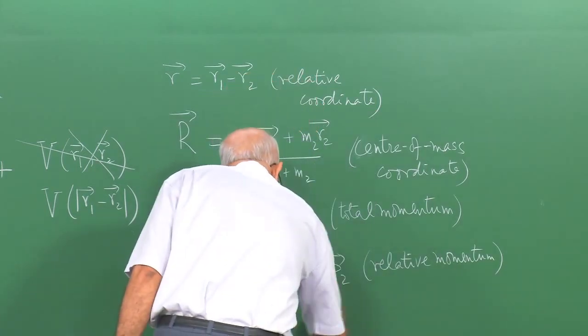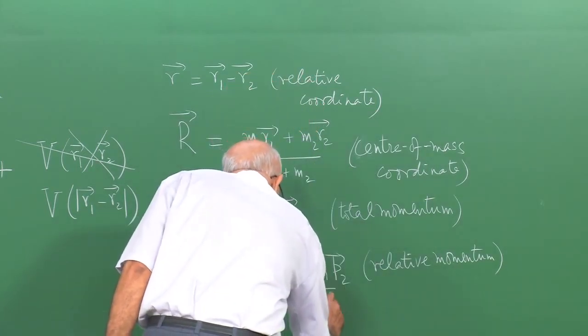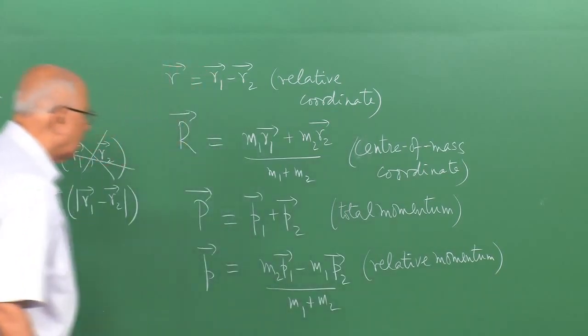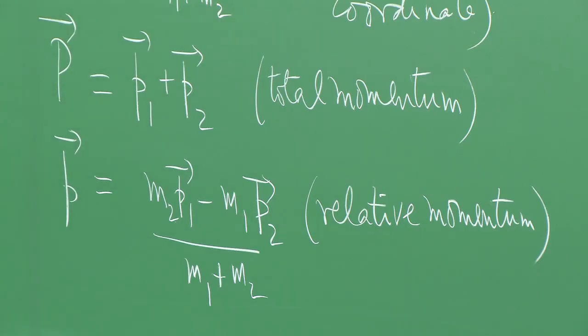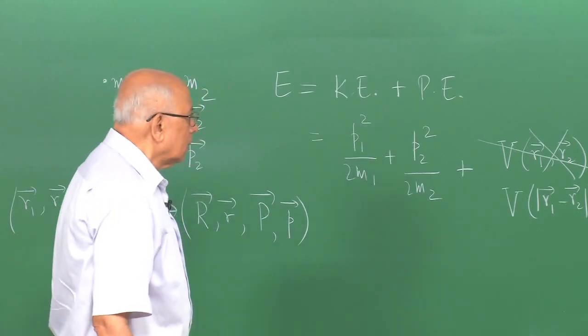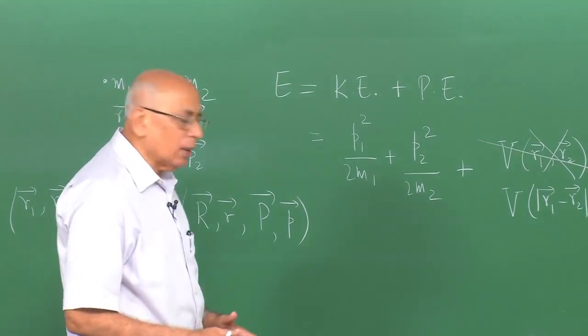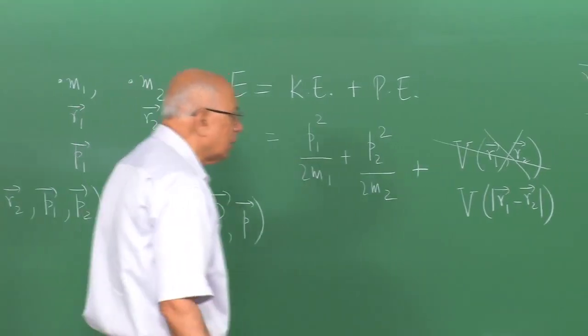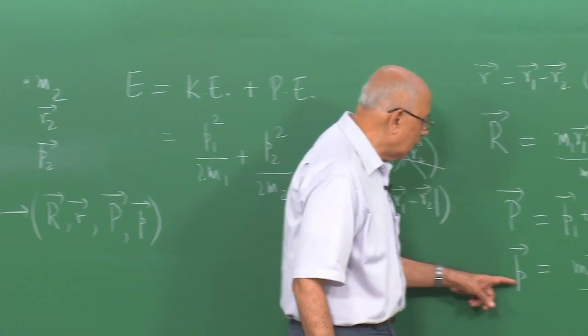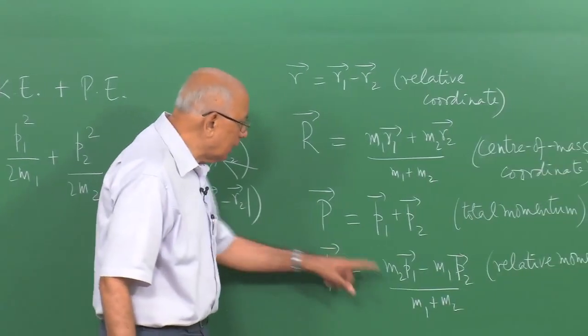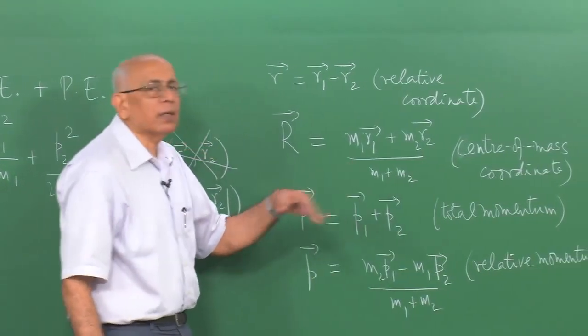It should have the dimensions of a linear momentum, so there is a division here by the total mass. Now, there is a systematic procedure by which one can arrive at the conclusion that the relative momentum is this combination and not any other combination.